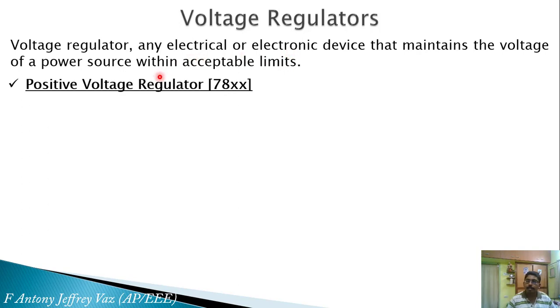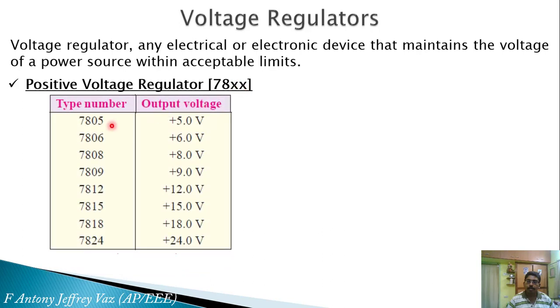I will tell you about the positive voltage regulator first and then we move to the negative voltage regulator. This is the positive voltage regulator which has the IC number 78XX. 78 is the positive voltage regulator and 05 represents a plus 5 volt supply.